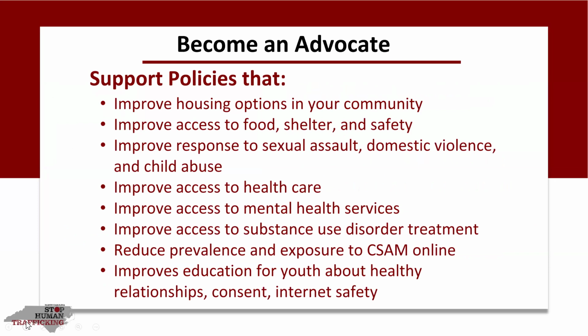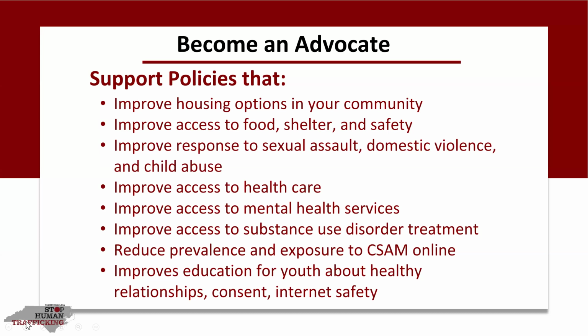We need your help. We need you to support policies that improve housing options in your community, improve access to food, shelter, and safety, improve response to sexual assault, domestic violence, and child abuse, improve access to healthcare, improve access to mental health services, improve access to substance use disorder treatment, policies that reduce prevalence and exposure to CSAM online, and policies that improve education for youth about healthy relationships, consent, and internet safety.